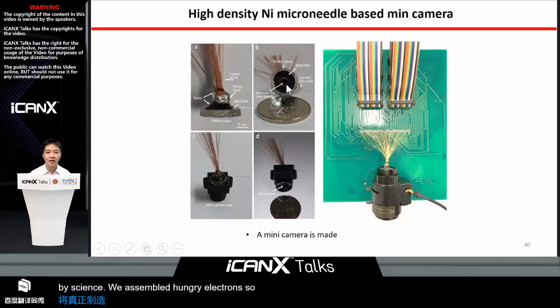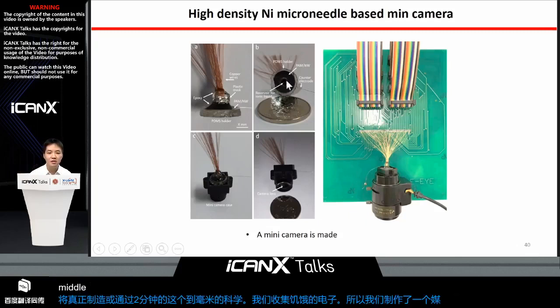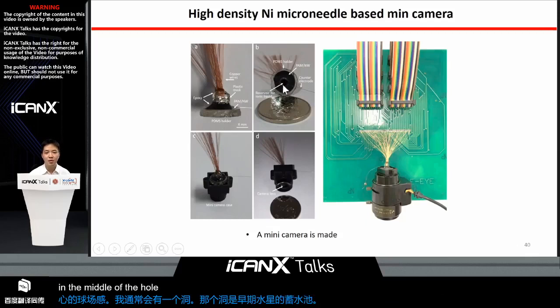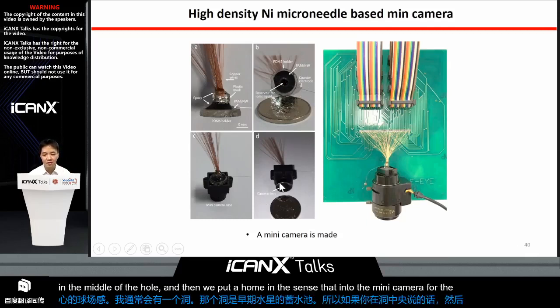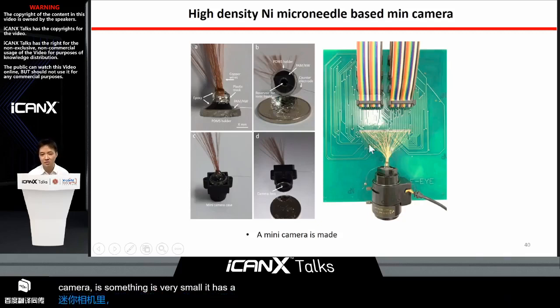So we make a mini camera. This is the sensor, the core in the middle part. You can see there's a hole. The hole is a reservoir for the ionic liquid, so the image sensor is right in the middle of the hole. Then we put the whole image sensor into the mini camera. This is a coin over here. The camera itself is very small. It has 100 pixels.